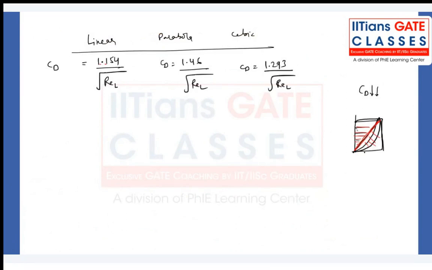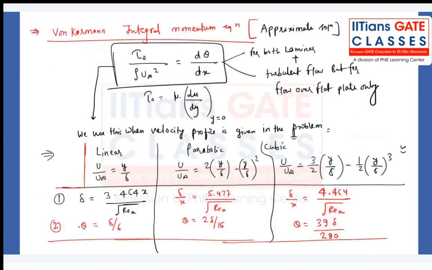Just compare the values of theta, the momentum thickness. In which case is it the larger one? This is approximately 0.139 times delta, this is 0.133 times delta, and this is 0.167 times delta.